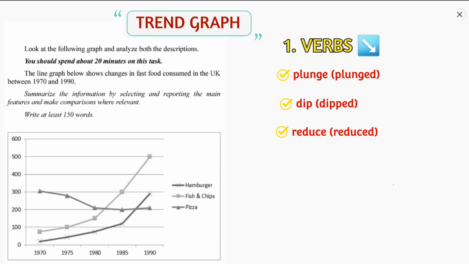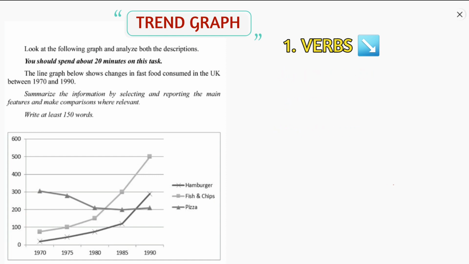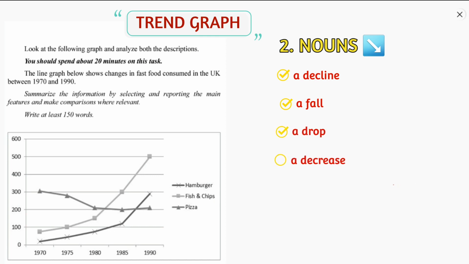Now the nouns for a downward trend: a decline, a fall, a drop, a decrease, a downward movement, a reduction, a dip, a halt, right?